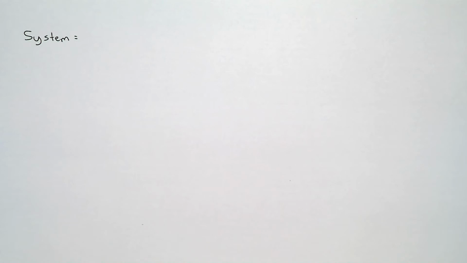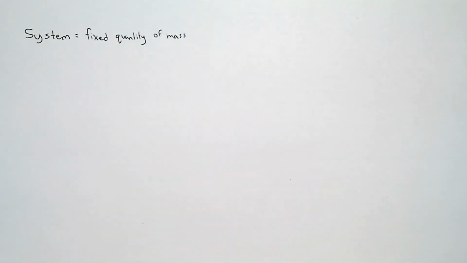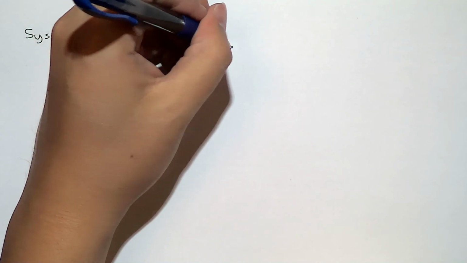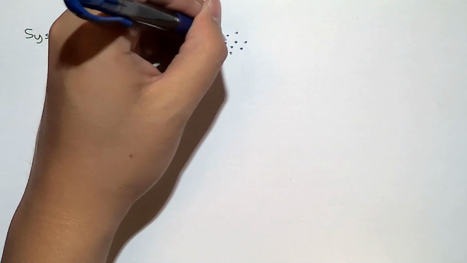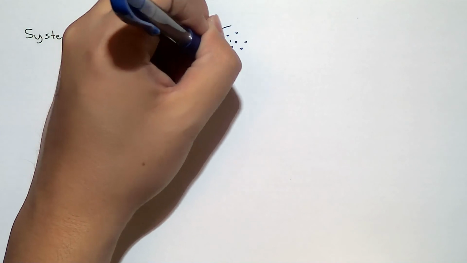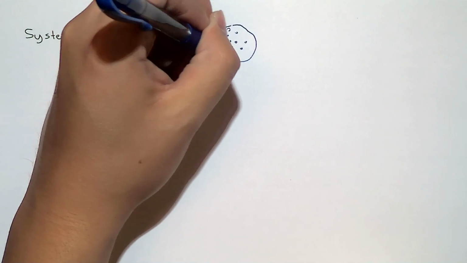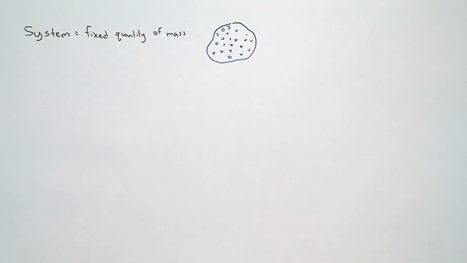So a system, and this was probably defined in week 2 as well, so we're just going to recap it, but a system is a fixed quantity of mass that I'm studying. In other words, if I'm studying these fluid particles, let's say that I'm looking at a fixed quantity of fluid particles at, let's say, time equals 0.